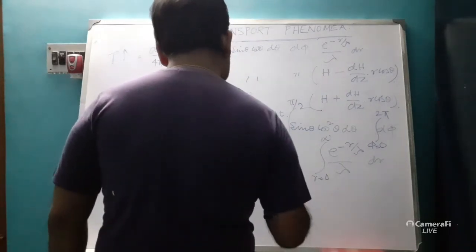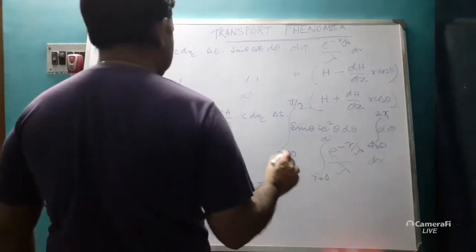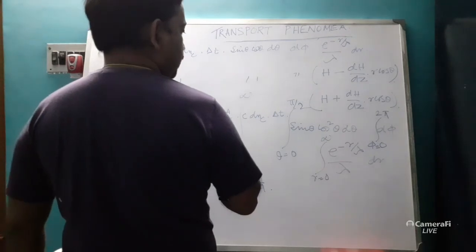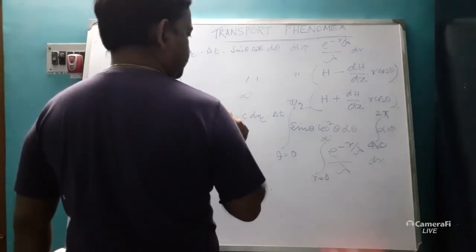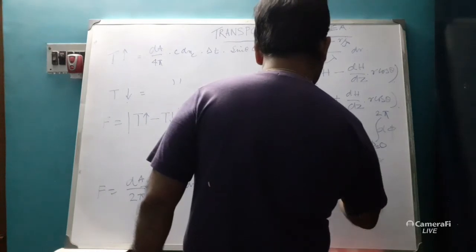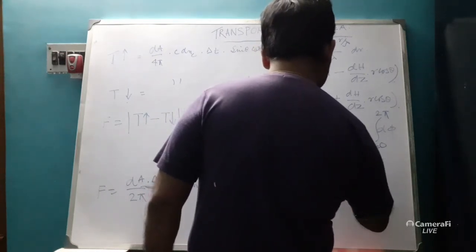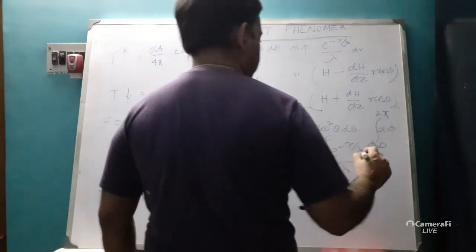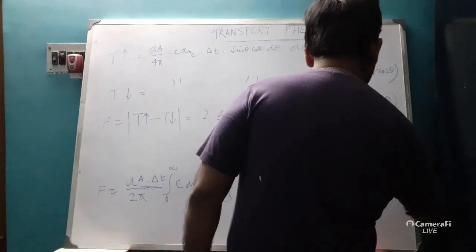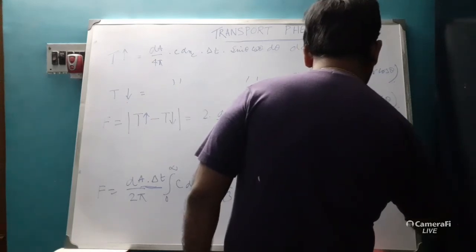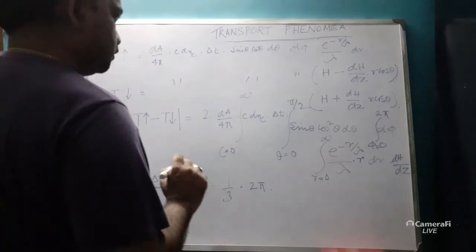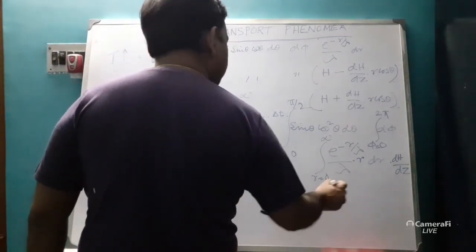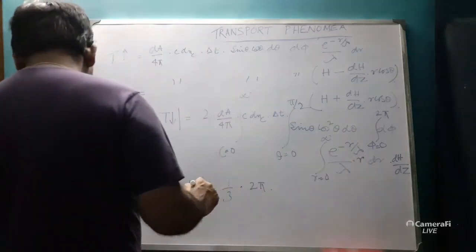There is also one term that I have missed over here: one r should be written into r, and another value dH by dz. This was forgotten, so I have to write this. So c dNc, 1/3, 2 pi.